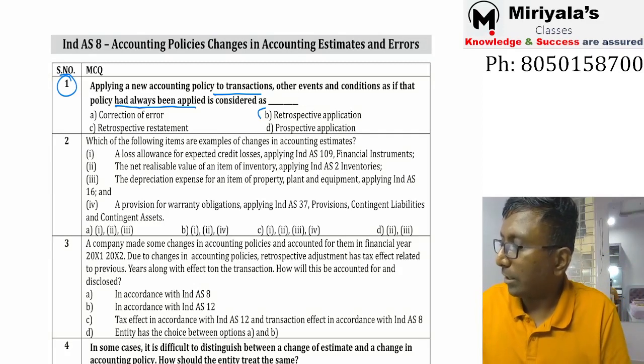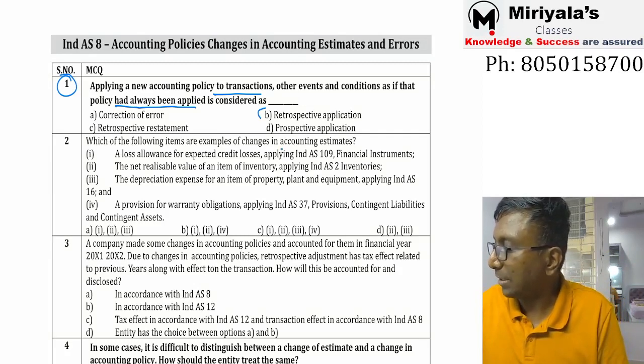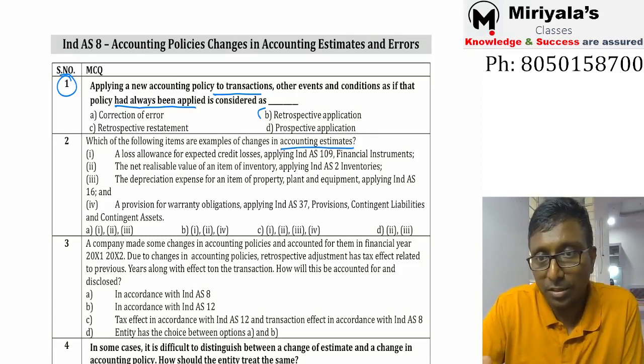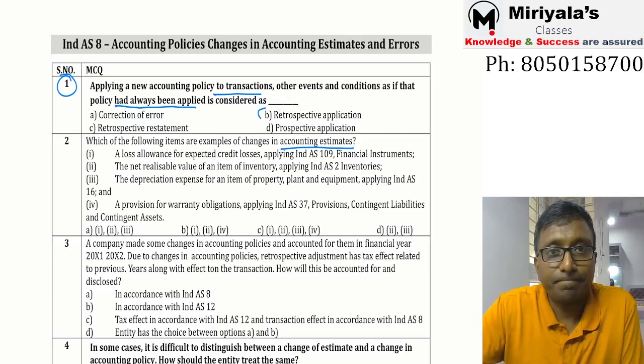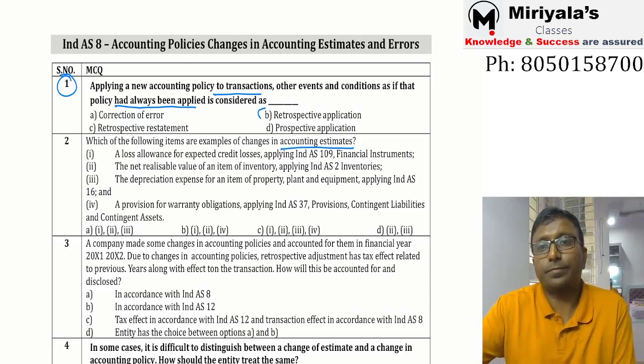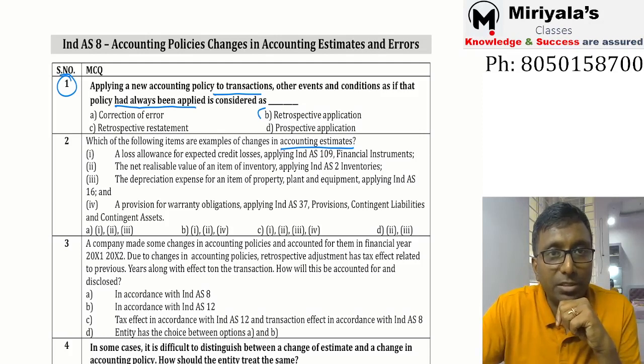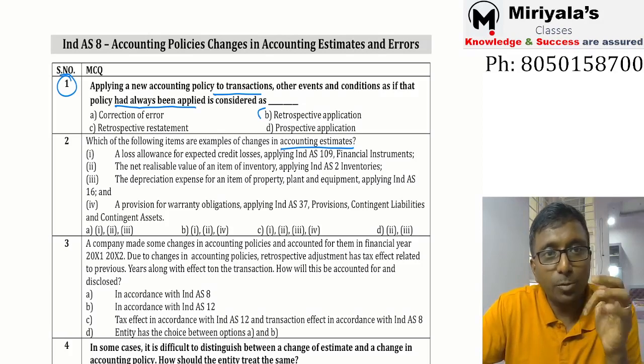Which of the following items are examples of change in accounting estimation? Loss allowance for expected credit loss applying Ind AS 109 financial instruments. Net realisable value change.